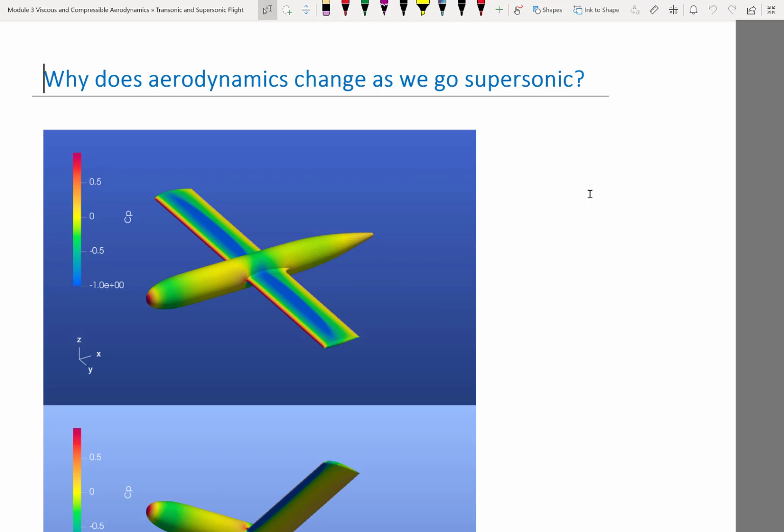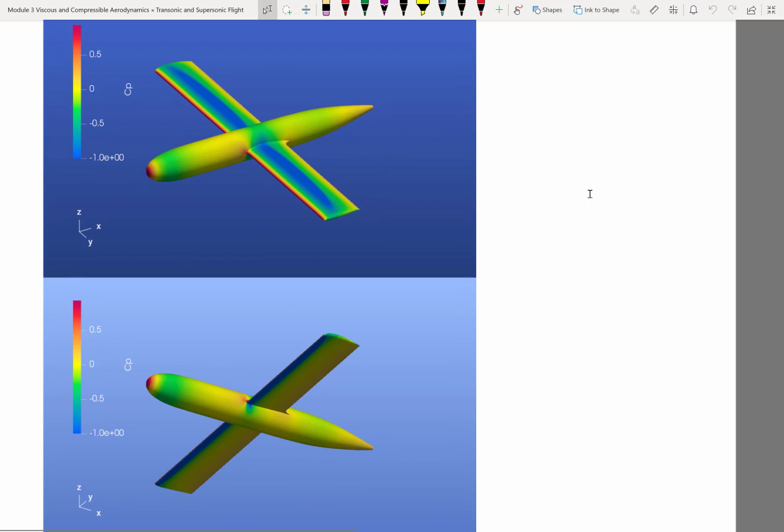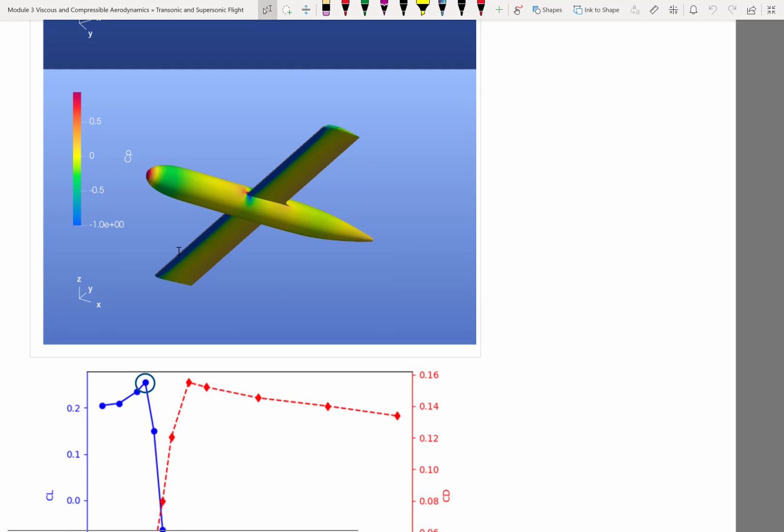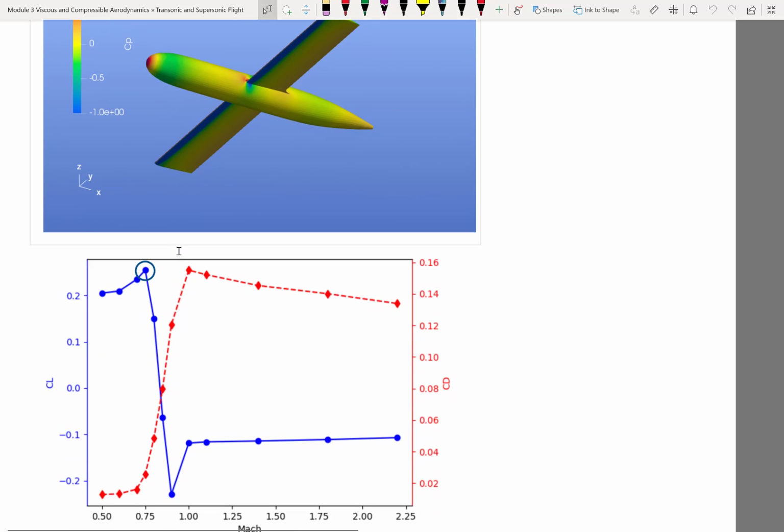And you're going to see how the transonic and the supersonic flight is going to dramatically change how the aerodynamics behave on this airfoil. So this is the pressure coefficient, okay, at a subsonic speed. So what we are looking at here is a Mach number, I think around 0.75.